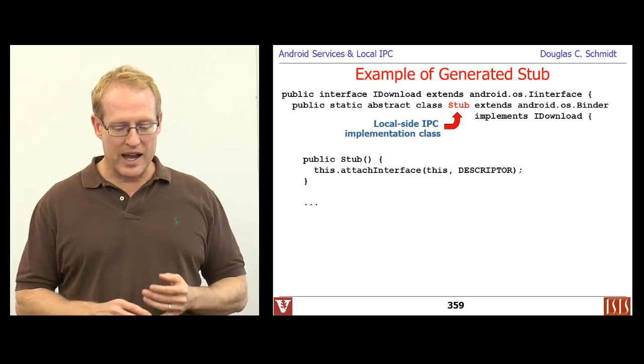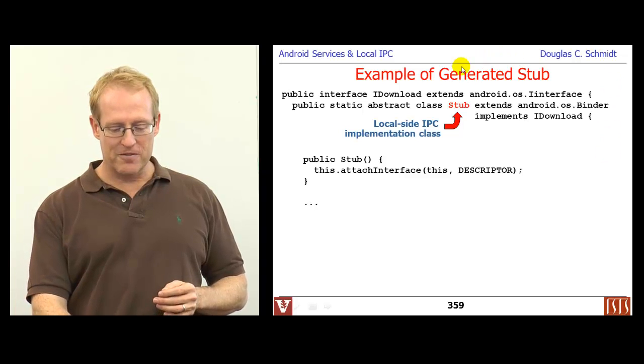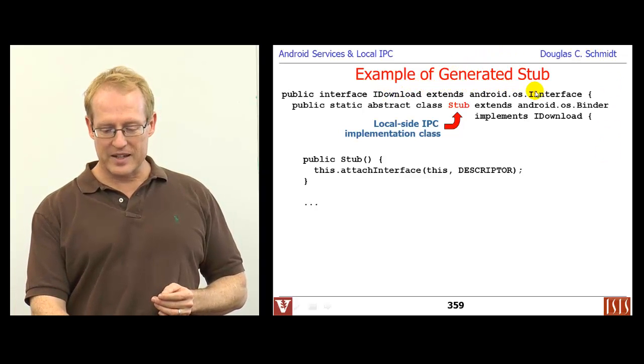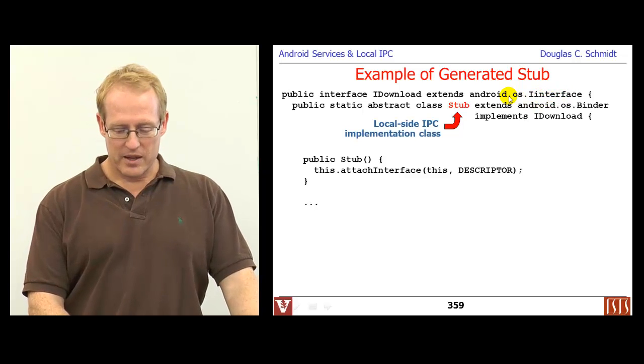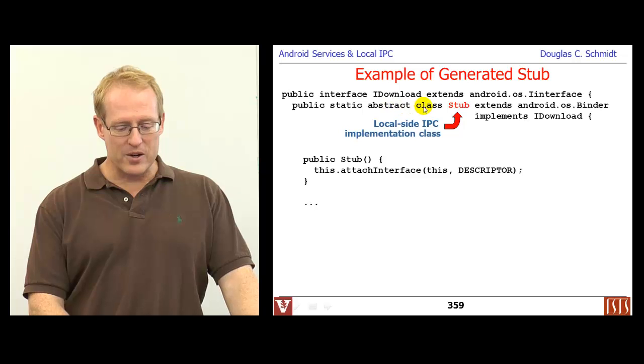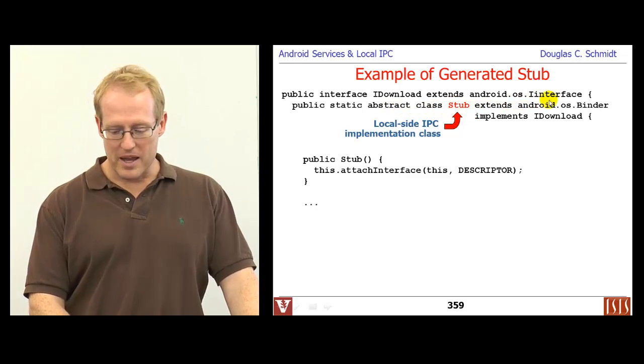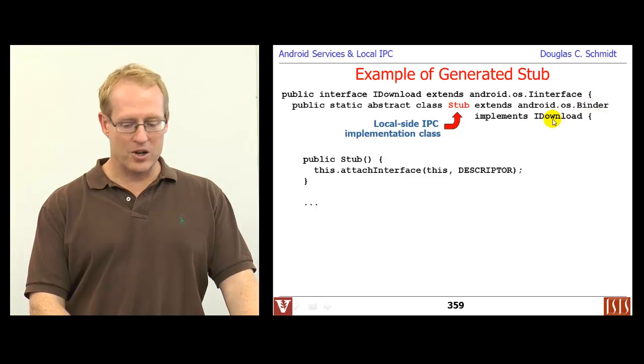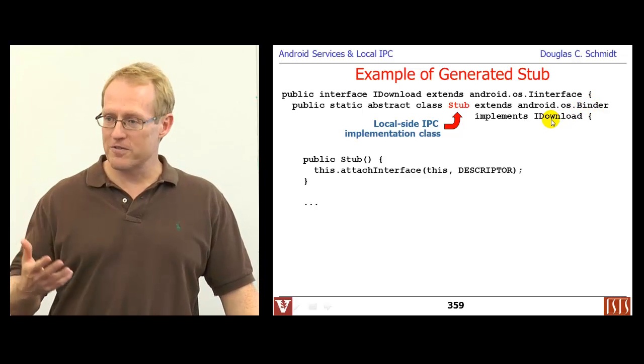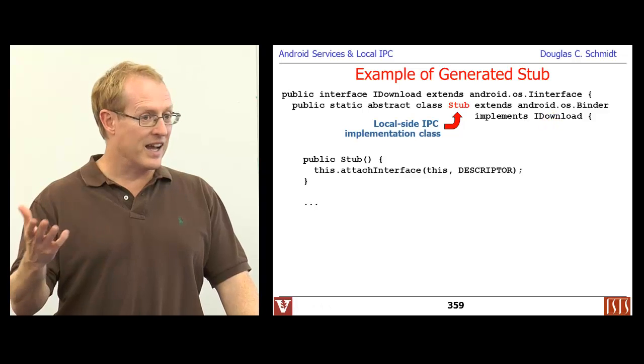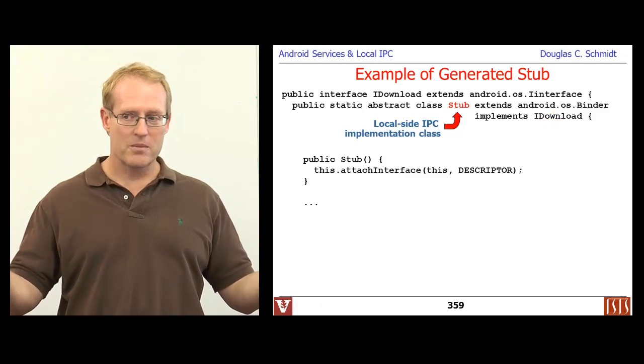So you'll see that there's this interface that's generated, and that extends this IInterface class. And then there's a static abstract class called Stub. And as you can see here, it extends the Binder, and it also implements your interface. So in our case, that was the IDownload interface, which has the downloadImage method.